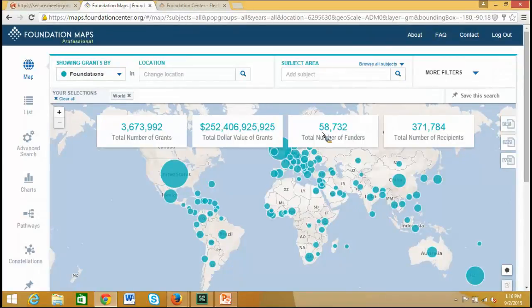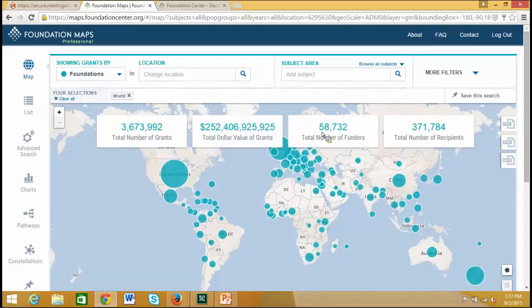So the brief answer is we've got grant data right now on 38,000 foundations and international profiles for 20,000 other foundations. But very soon, in the next 6 weeks, possibly between 6 weeks and the end of the year, we're going to have grant data for almost all foundations in the United States.